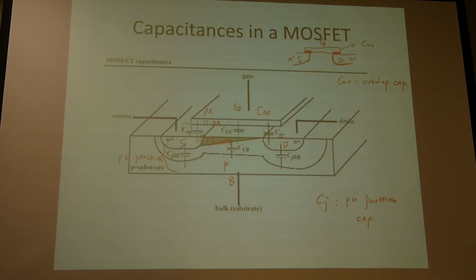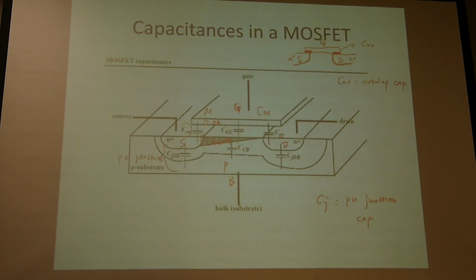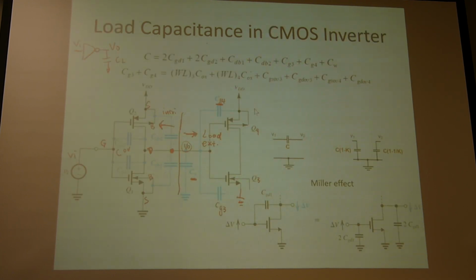The gate to drain, you have this overlap capacitance, COV. So that will also contribute to this node. So you have the CGD for Q1 and CGD for Q2. So you have those capacitance as well. So in total, you have, let's say, 1, 2, 3, 4, 5, 6, 7. 7 capacitance contribute to this node.